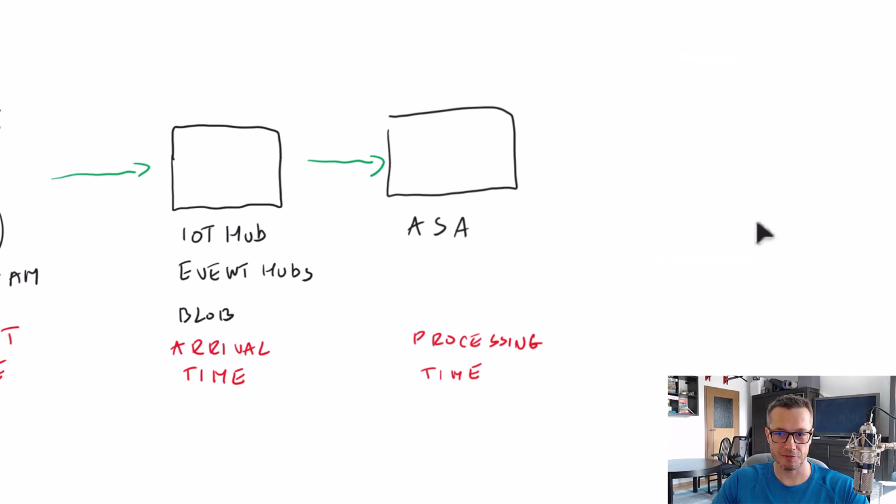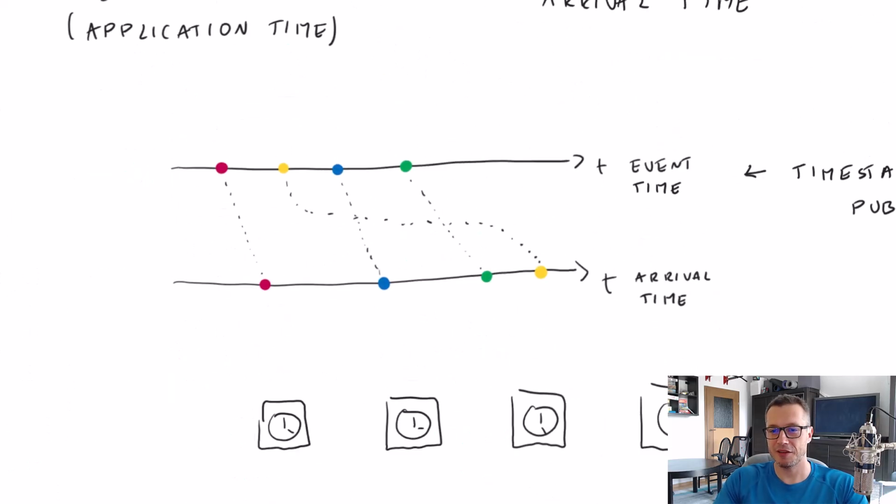All right, so we know that we might have various issues if we care about event time. If we don't, then you can forget about those issues. So what can we do about this?